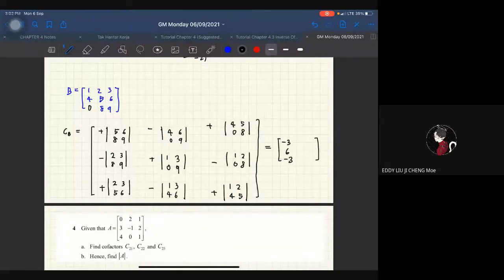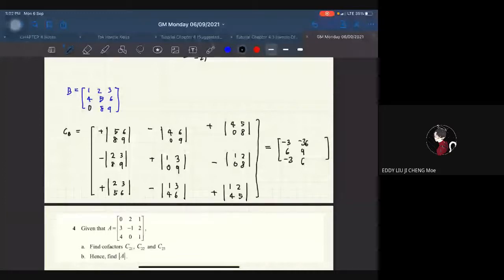Negative, and then the second column, -36, 9, and then 6. Okay, 30. Next column is 32, and then -8, and then -3, 3. Okay.